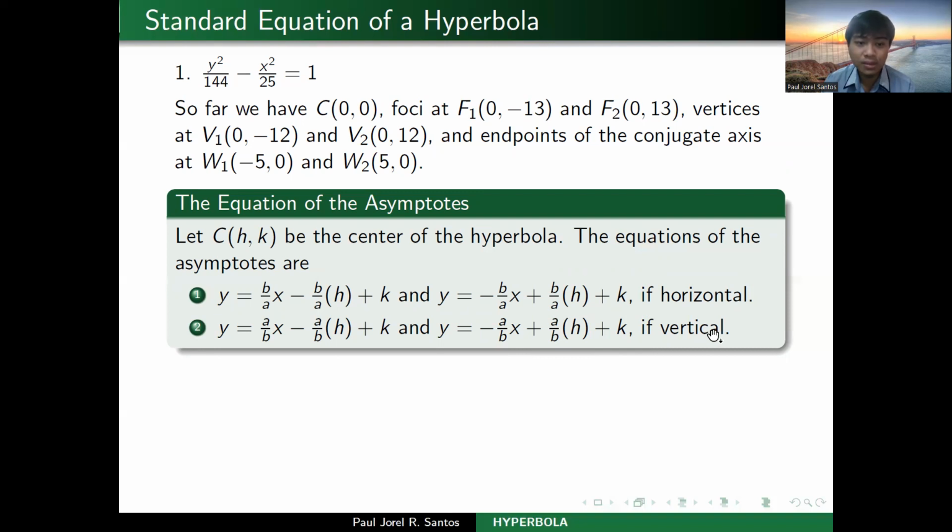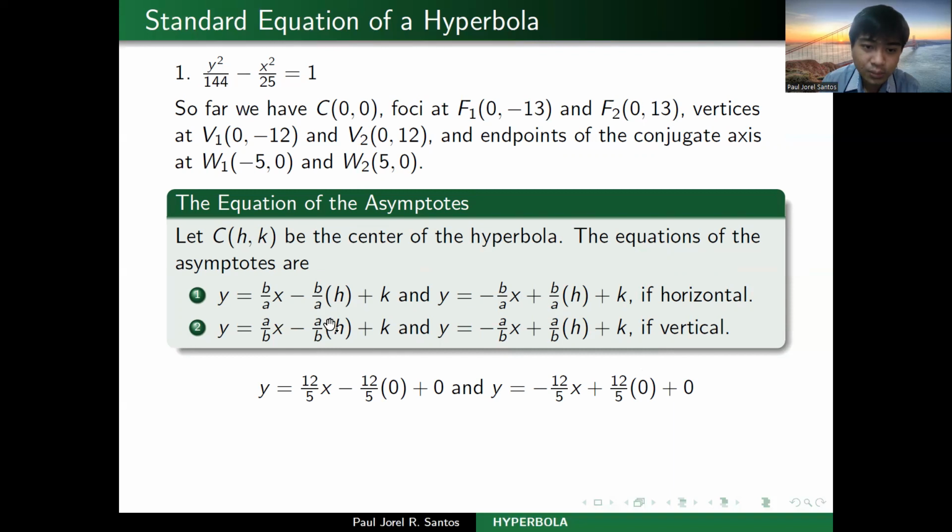And obviously, we will use the second one, okay, because the hyperbola is vertical. Using the second one, it will lead us to, okay, take note that A is 12, if you can still remember. B is 5, based on our previous computation. And again, A is 12, B is 5. So I have here A, 12 over 5.